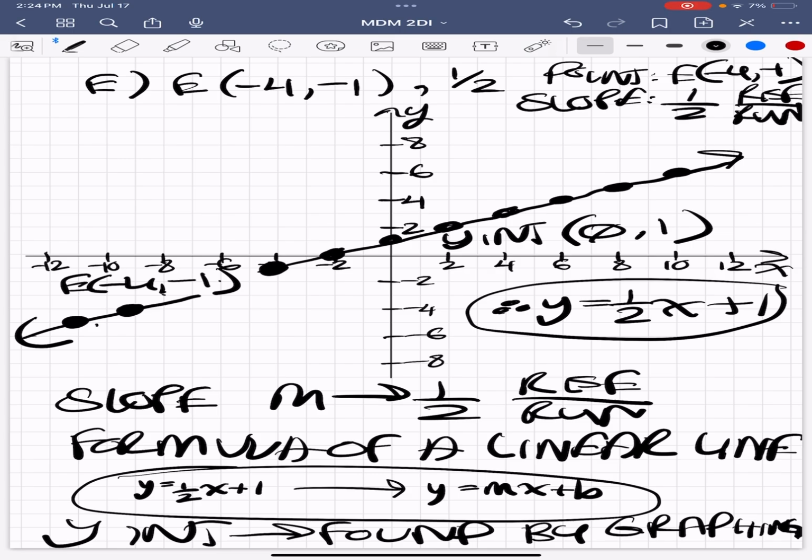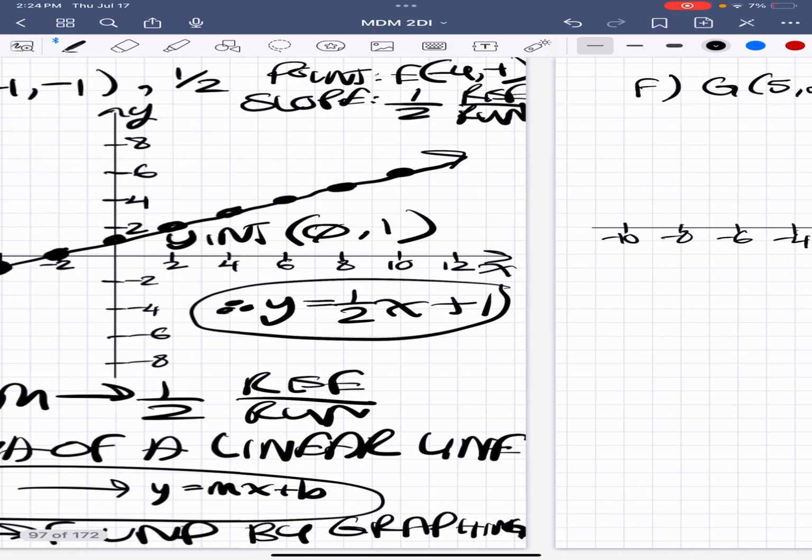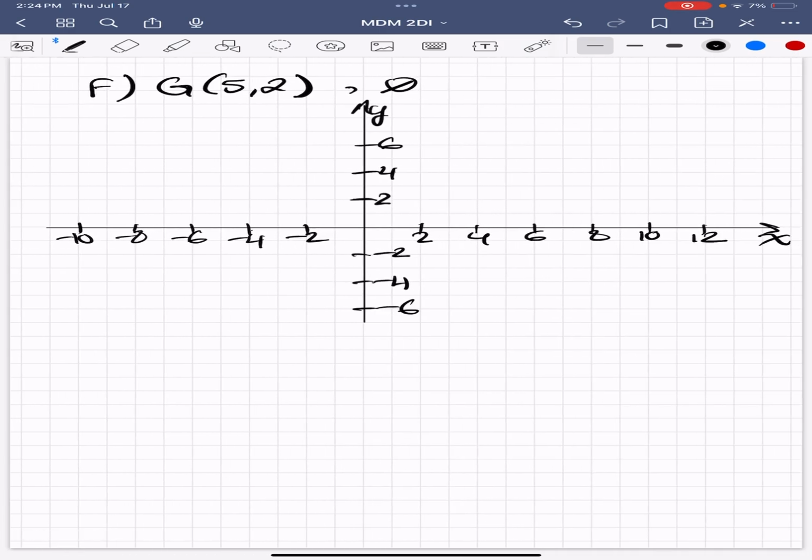Alright, so here's that, and now we have G, and we have a slope of 0. Remember, a slope of 0 is a horizontal line. If it is undefined or infinity, it is a vertical line. And let's begin.